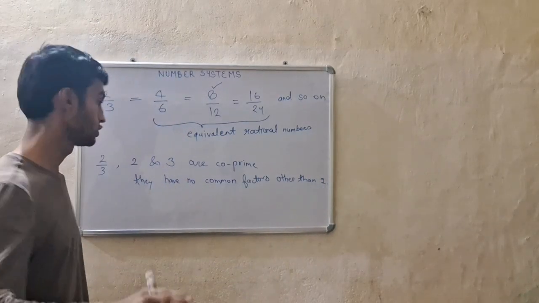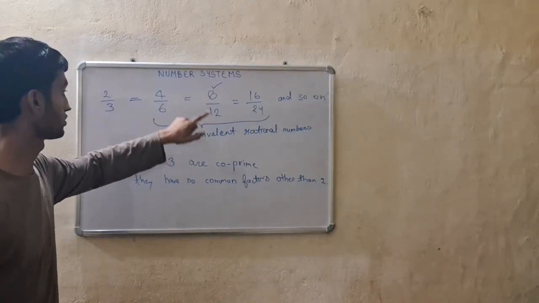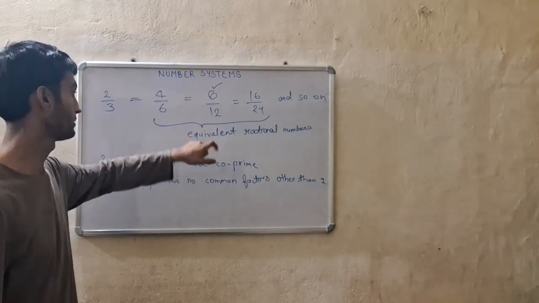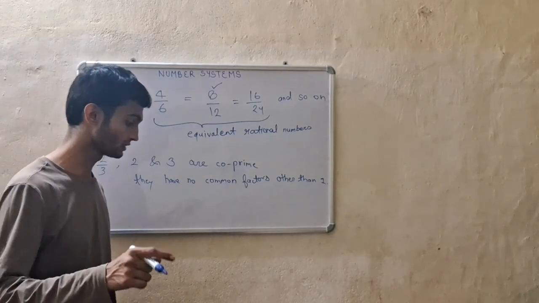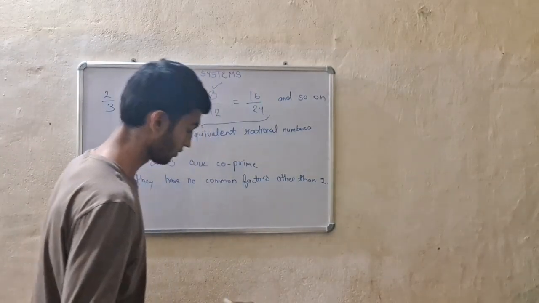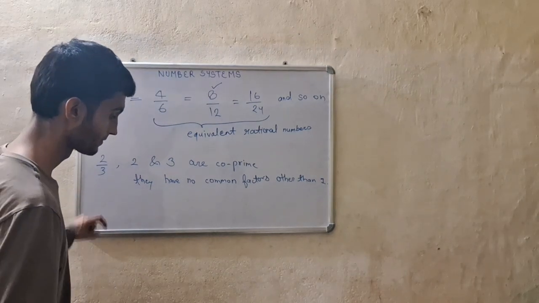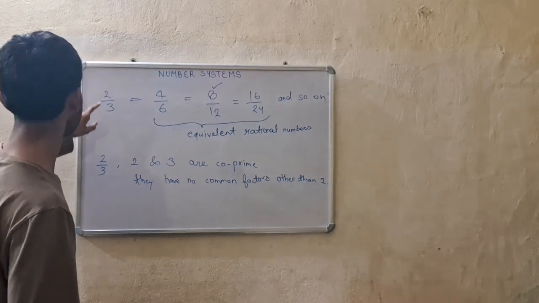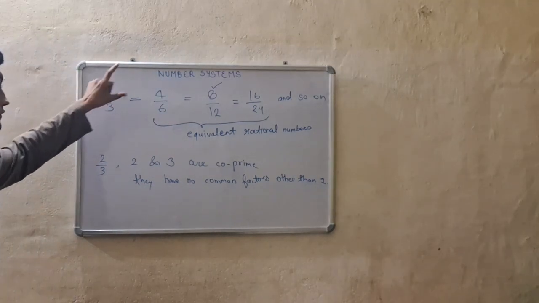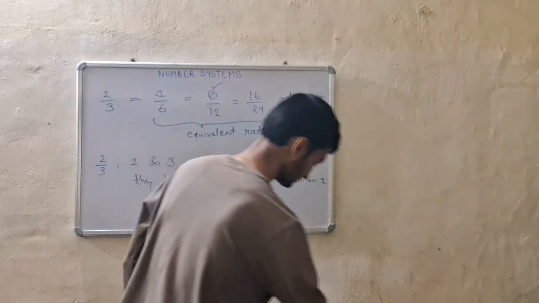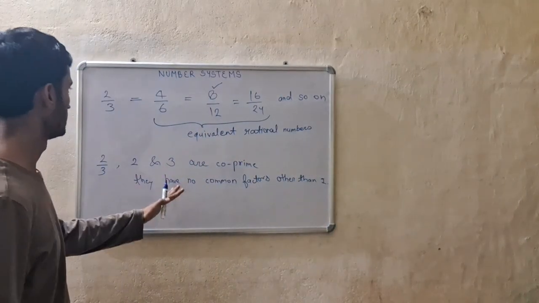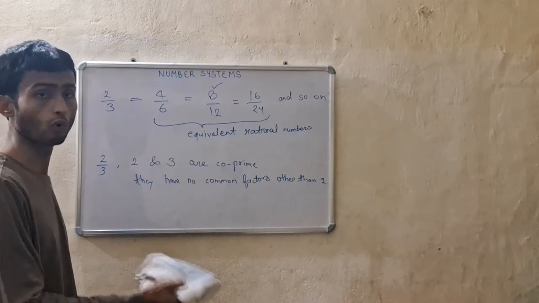So you need to make sure that whenever you write a rational number in the form P upon Q, or represent that number on the number line, you will always take the reduced form of that rational number. That is a very little point to make here.